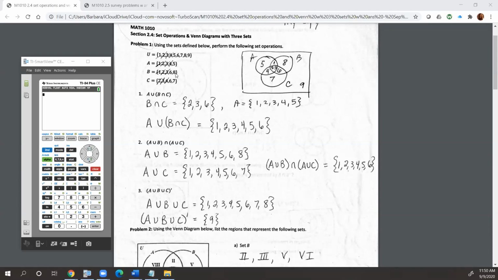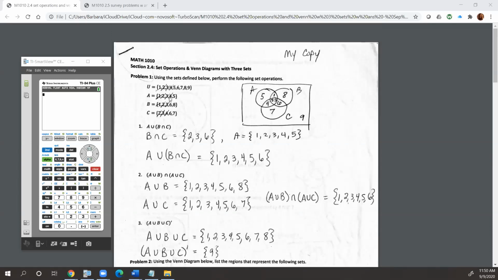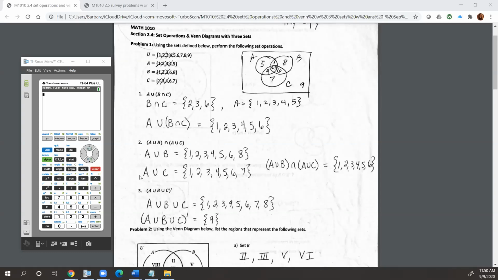You can also see it here in the list. And the union of A and C is 1 through 5, 6, and 7. The intersection means the numbers that are common to both of these sets, which is 1 through 6.